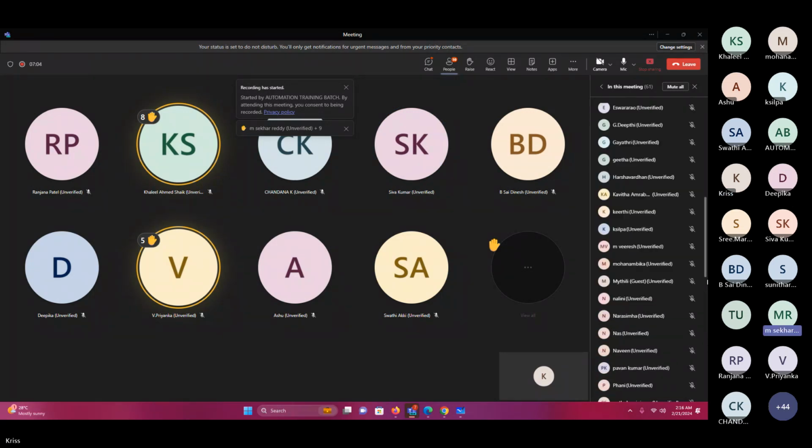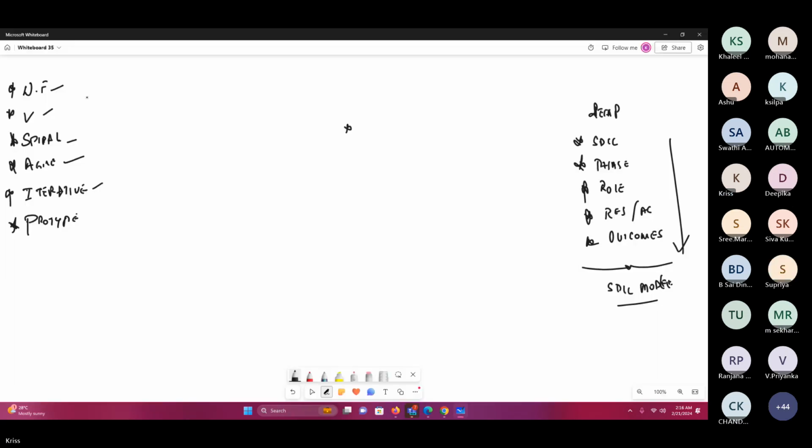Incremental model. Sir, iterative or incremental model. Next. Big Bang model. Okay, that is called the Big Bang model. RAD model.